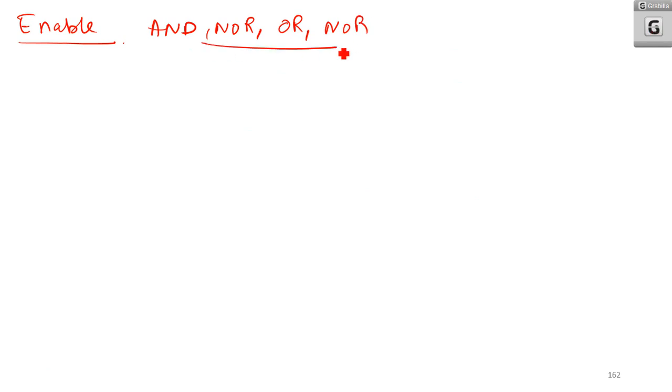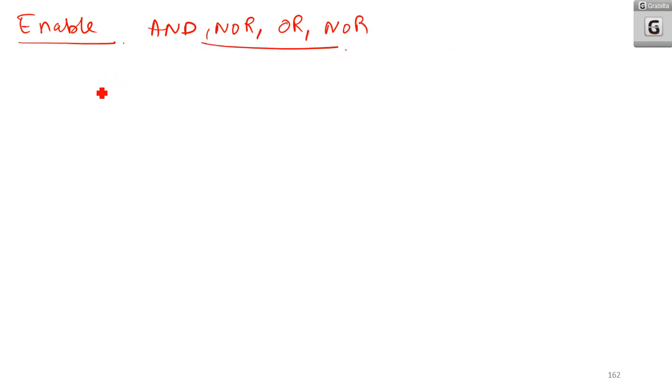So coming into enable circuits, first we will deal with enabling using AND, OR, NAND, and NOR. First we will deal with the enabling circuit.